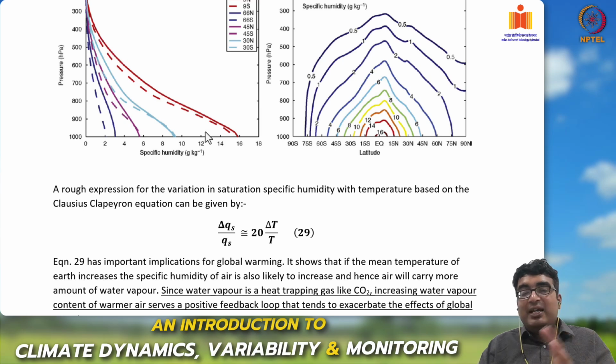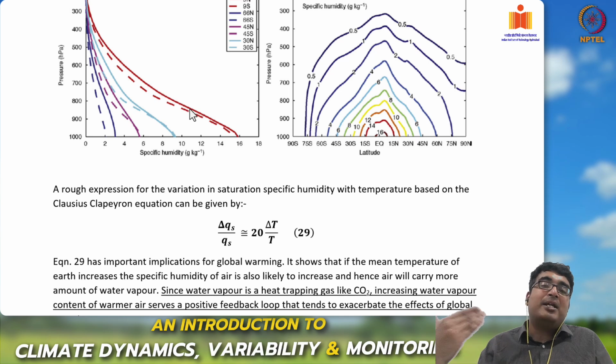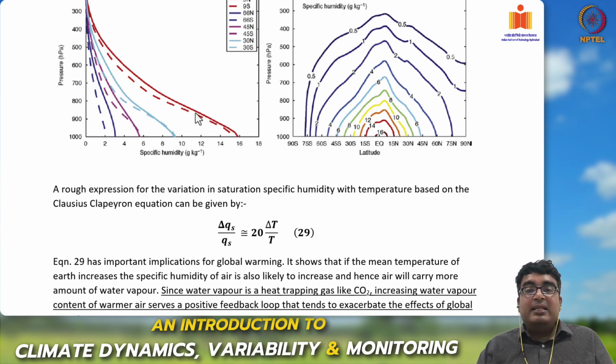So these two effects are working together, but the overall effect is a rapid decrease, because the temperature effect overwhelms the pressure effect. So you are getting a rapid decrease in the amount of water vapor present per kg of air as we move high up in the altitudes. It starts very high and falls very quickly as we move high up in altitude.